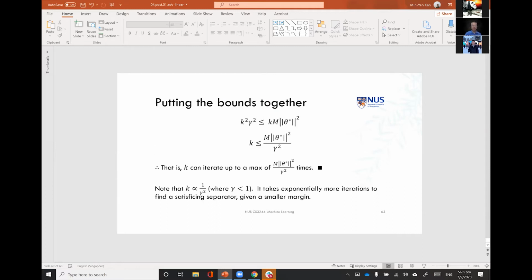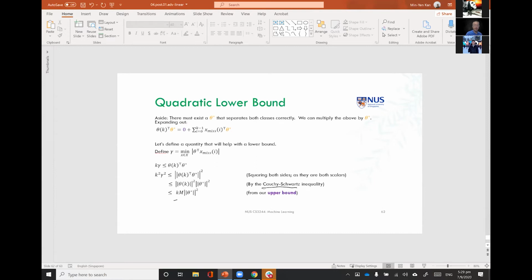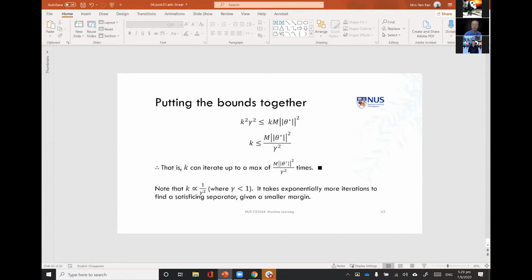So when we put the 2 bounds together, the upper bound and the lower bound, the lower bound is here. This is the right-hand side. This is the lower bound, and the upper bound is over here.